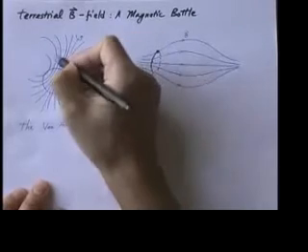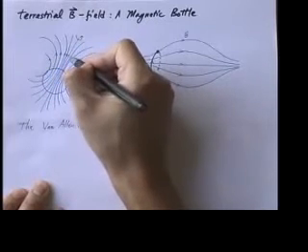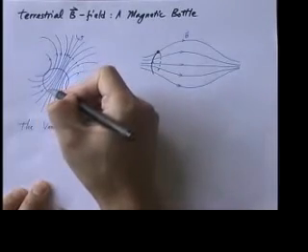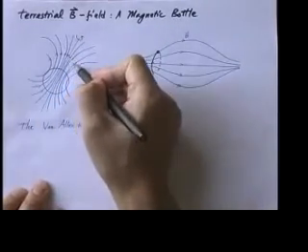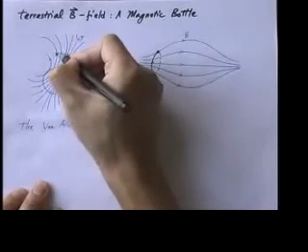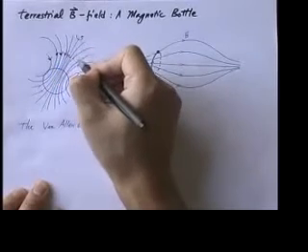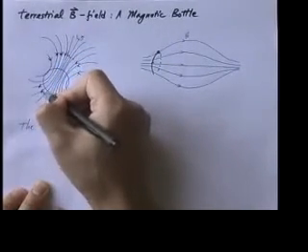Actually, I'm sorry, this is the magnetic south, right? So field lines are defined to point into magnetic south, and they point out of the magnetic north.